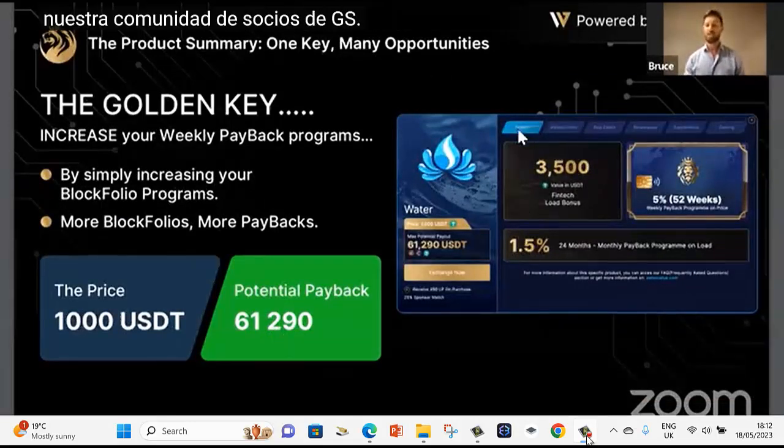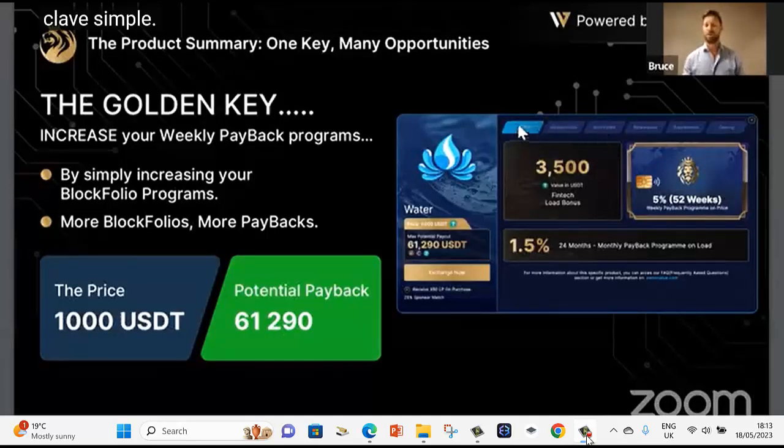We call these sectors blockfolios. We've got a fintech blockfolio, meta portfolio blockfolio, real estate, renewables, supplements, and gaming blockfolios too.